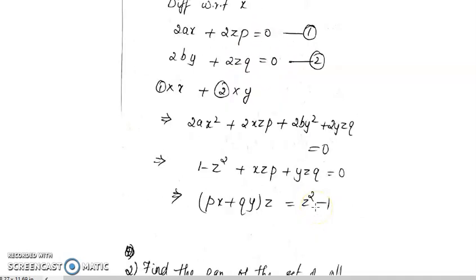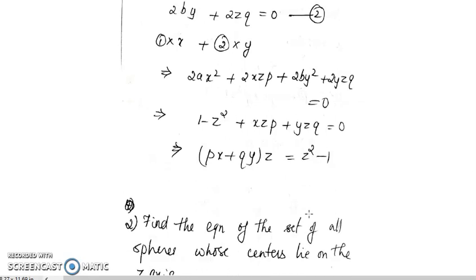So that gives 1 minus z square plus xzp plus yzq equal to 0. You can see that it is free from arbitrary constants now. So therefore the equation is (px plus qy) into z equal to z square minus 1.